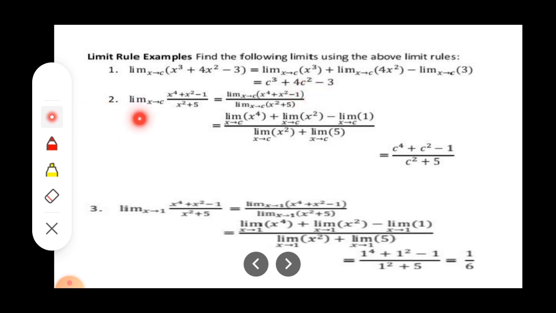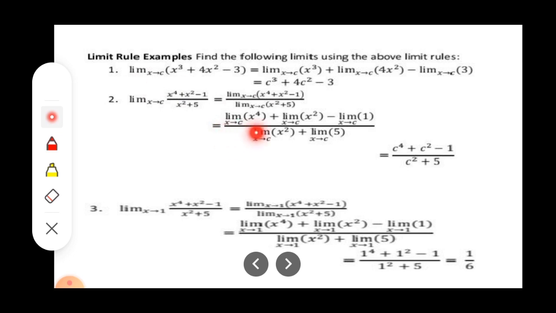Number 2: the limit of the function x to the fourth plus x squared minus 1 over x squared plus 5 as x approaches c equals the limit of the function x to the fourth plus x squared minus 1 over the limit of the function x squared plus 5 as x approaches c.